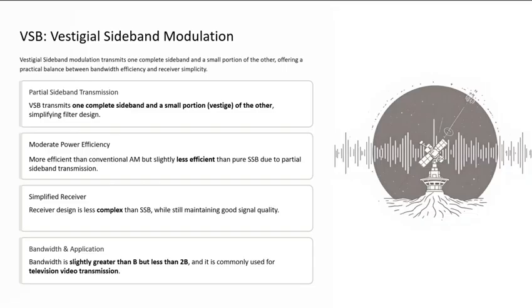That's why we are using VSB. Bandwidth is slightly more than B but less than 2B. VSB is mainly used for television video transmission.